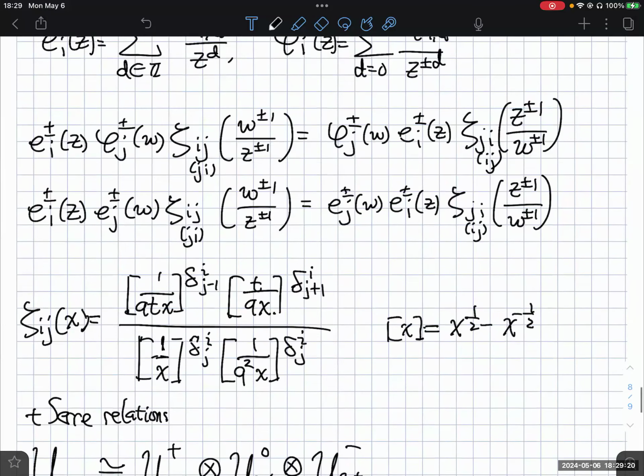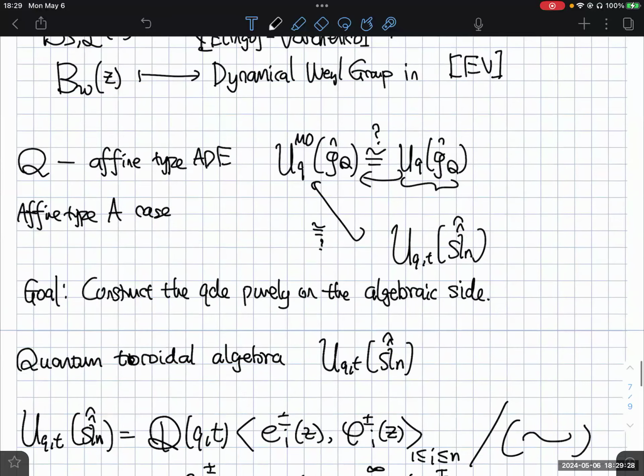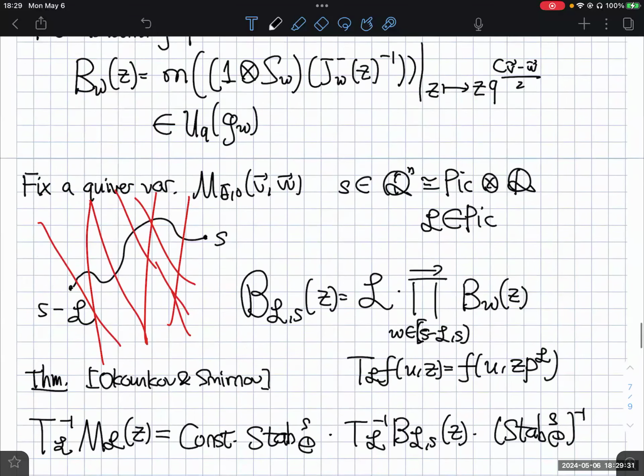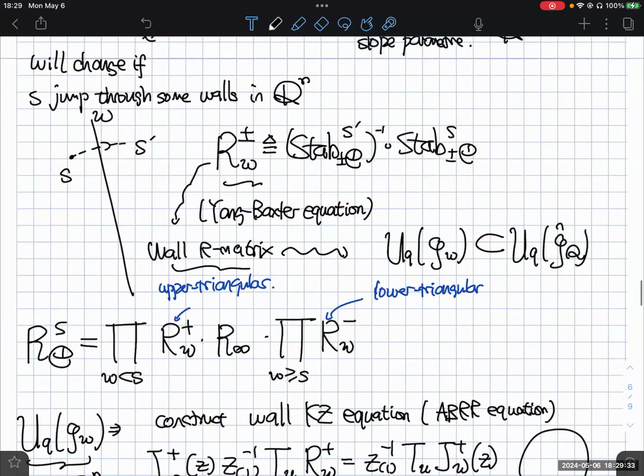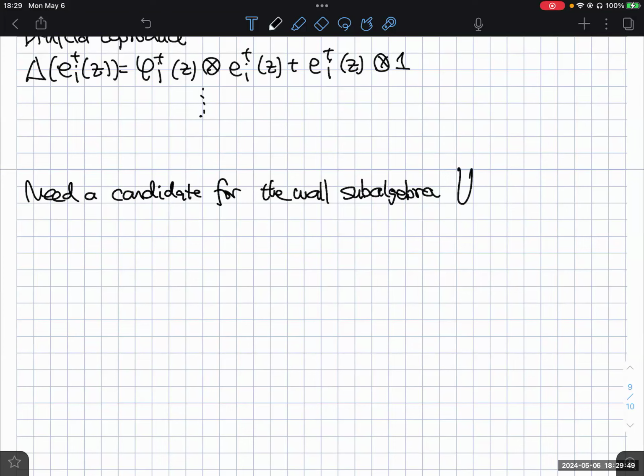So the thing here is that this is some candidate for the quantum affine algebra. But we need to have some candidate for the W algebra, UQGW. The candidate for the W algebra, we are going to see that it is actually a slope subalgebra.